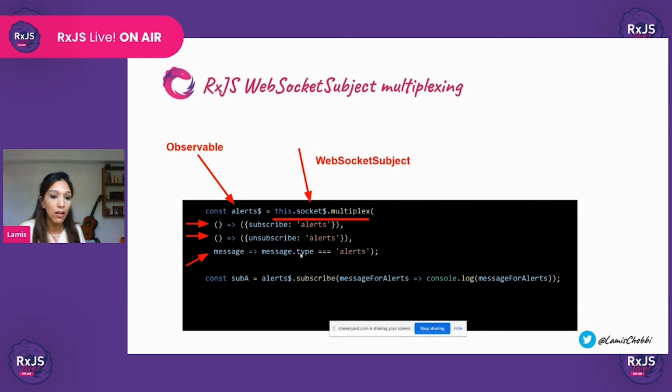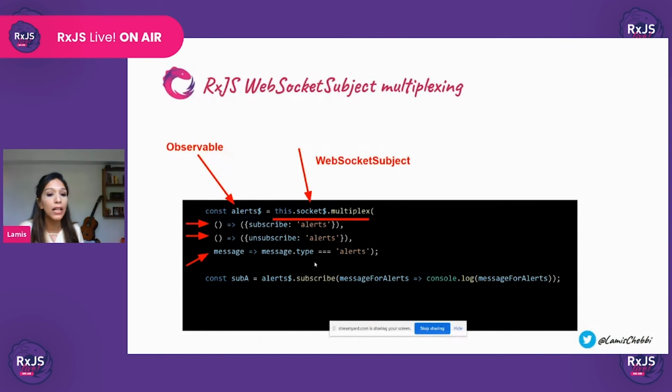The third parameter will be checked in the client layer, in the RxJS WebSocket subject implementation, to route this type of message to the adequate component. For example, the alerts observable here will get only the messages of type alerts, okay? And you can put your types for the other components.